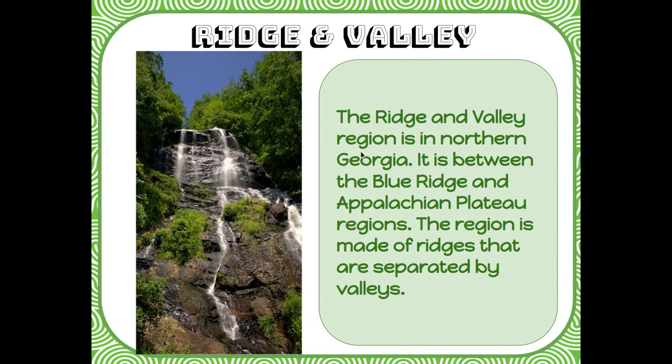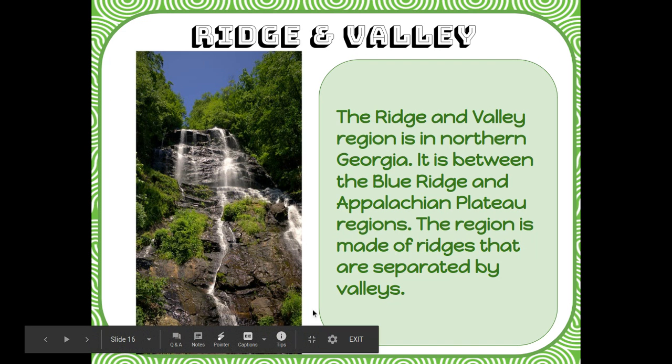All right, the Valley and Ridge region is in North Georgia. It's between the Blue Ridge and the Appalachian Plateau regions. All right, you have ridges of mountains that are separated by low valley places. And remember, we said those were caused by erosion.